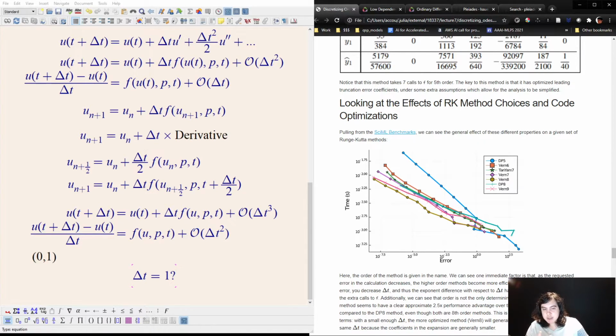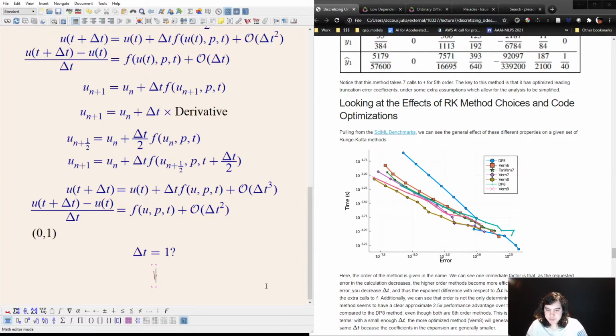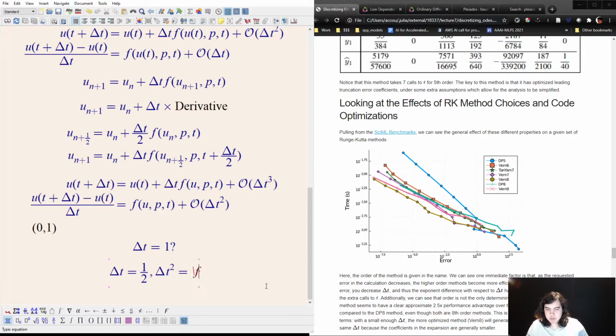Well, why is that the case? Well, remember, if you have delta t equals 1/2, then delta t squared equals 1/4. And so if your delta t is very small, then the amount at which having higher order decreases your error is more. And how do you get less error in an adaptive time stepping method?